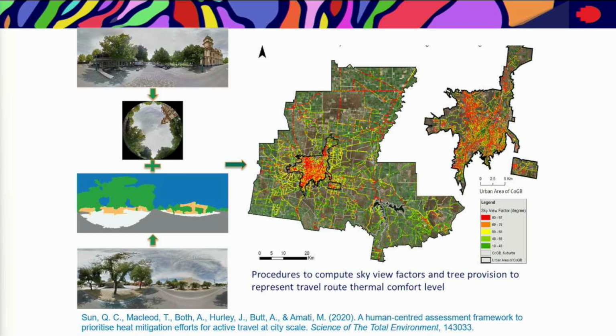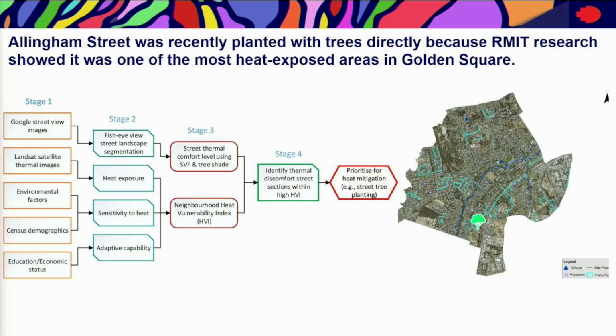That will also inform the areas lacking tree shade, which probably have less thermal comfort. With spatial analysis, we can identify the streets with less tree shade, and combined with other spatial information, we can identify the areas with more people who need more thermal comfort for active travel along the street.